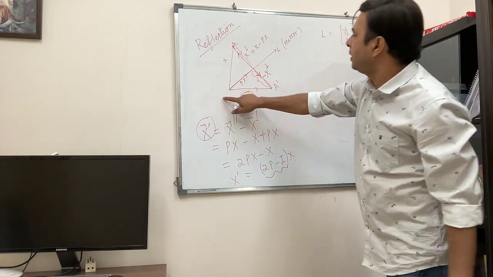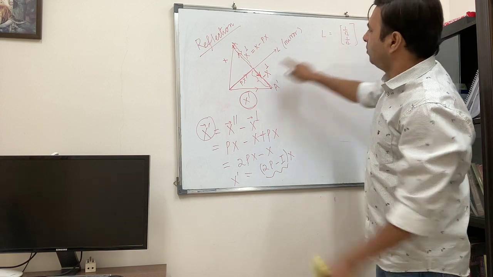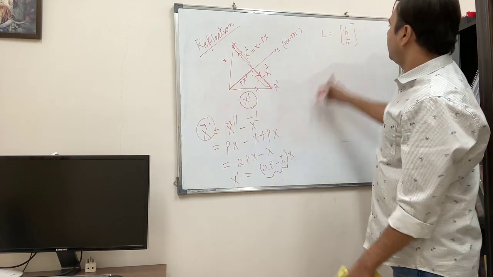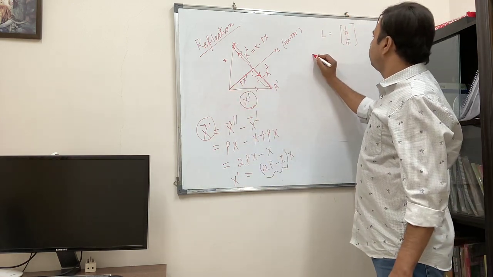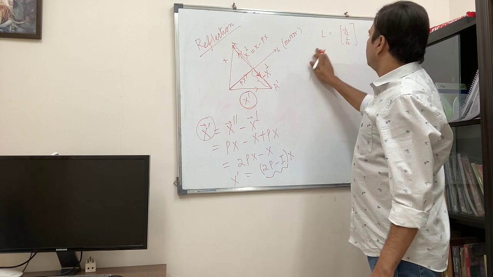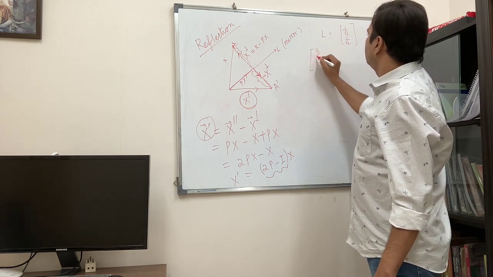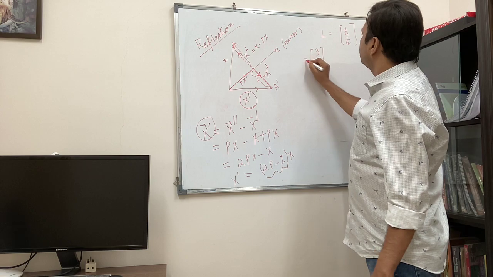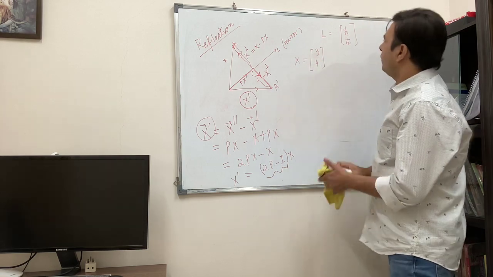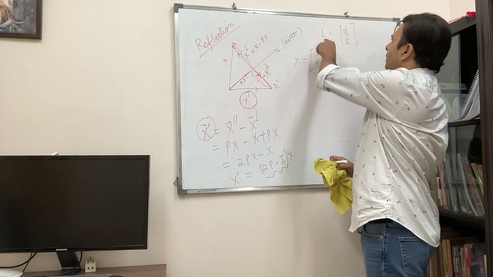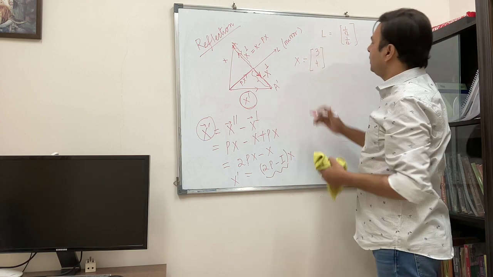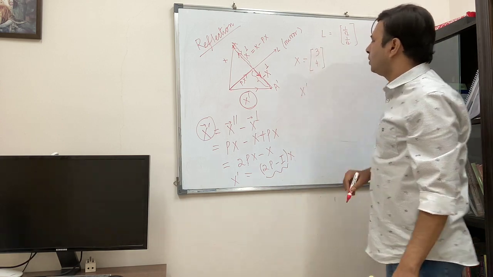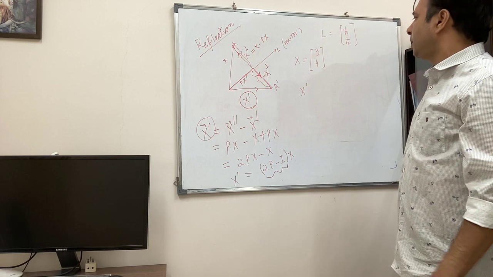So L is a mirror. This vector is denoting a mirror. And now you are interested in any vector. Let's say the vector is 3, 4. And you want to know, if this is my vector x, if I take the mirror image of this vector in this mirror L, what will be the new vector? What will be the vector which denotes the mirror image? Let's write that as x dash.